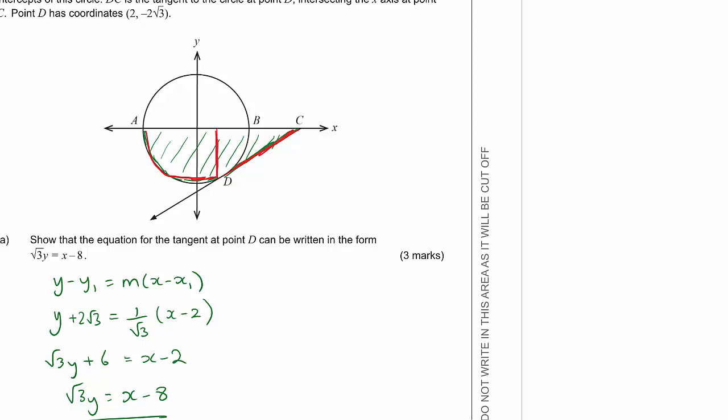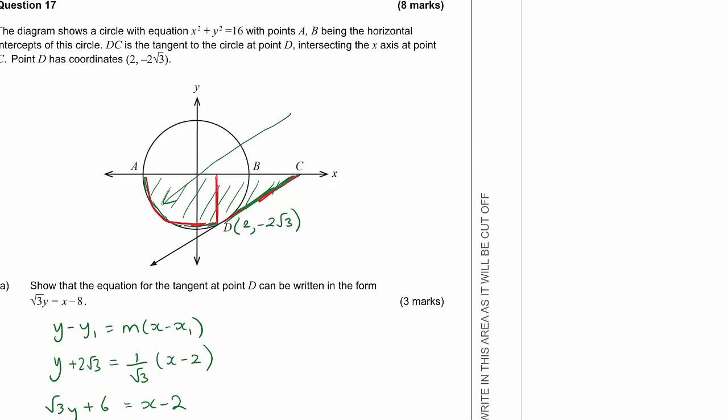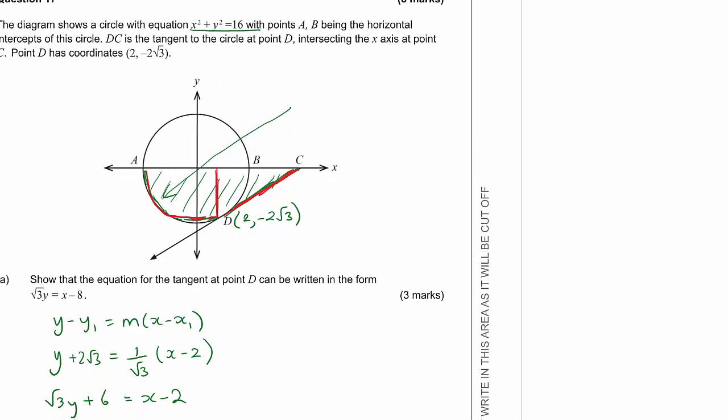Now remember, D was the point 2, -2√3. So for this section, we know that the curve there is x squared plus y squared is equal to 16.